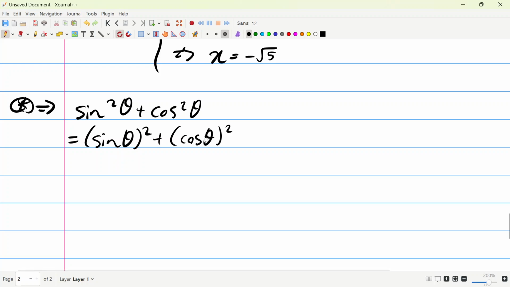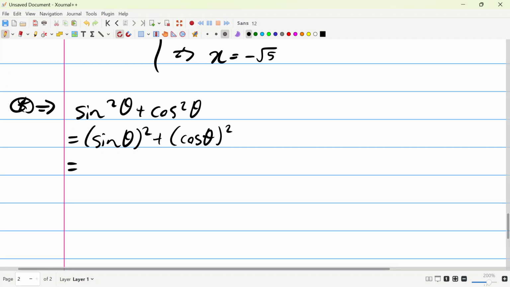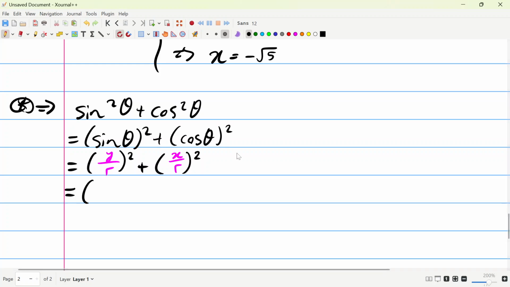So in this case, it's equal to sine theta squared plus cos theta squared. Why is this necessary? Because now we can rewrite inside of these brackets what sine theta is. We remember sine theta is the same as y over r, squared, plus cos theta, which we replace with x over r from our Cartesian plane ratios, and this is squared. And we now know what our y value, x value and r value are.